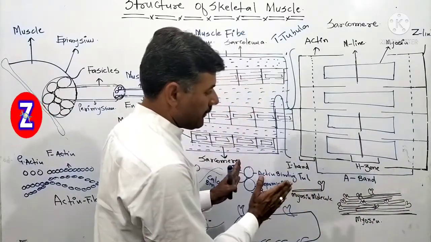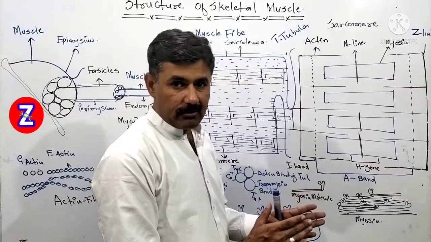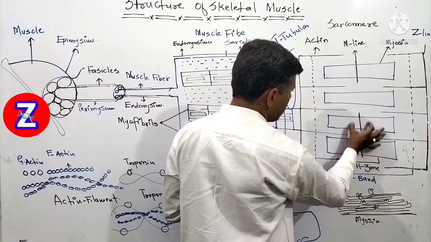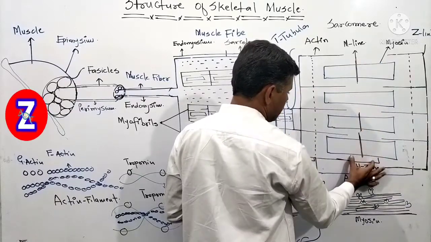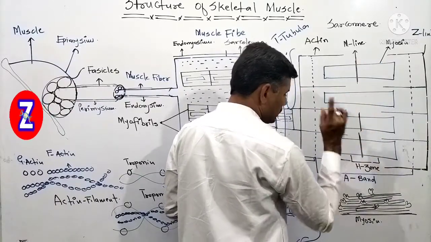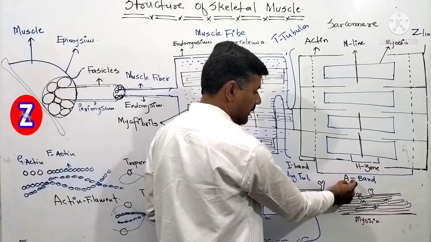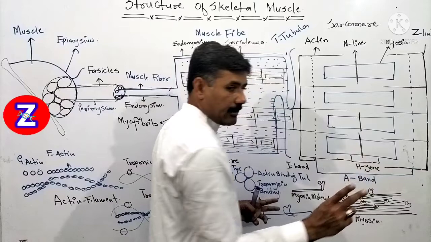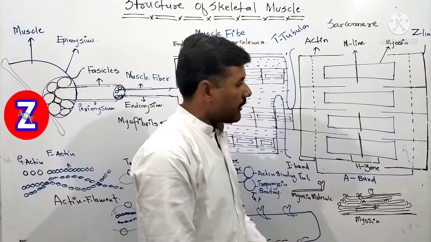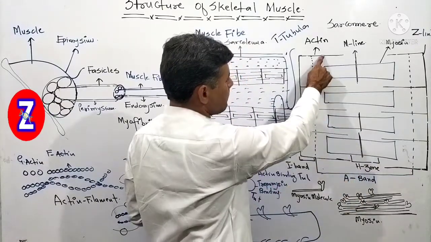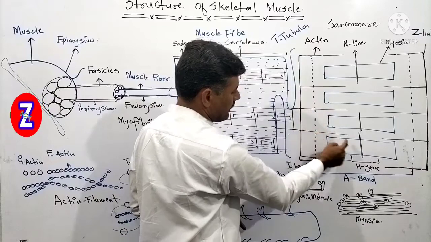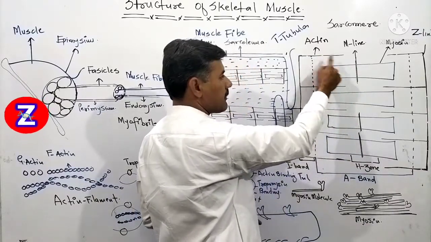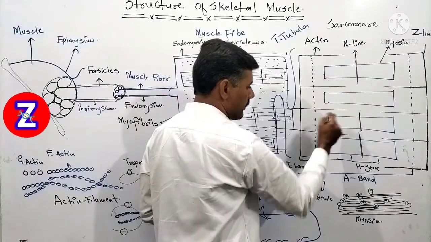In the A-band there is a specific central region where only thick filaments are present. That region of the A-band is called the H-zone. Basically, there are two important filaments we are discussing: thin filaments, which are actin filaments, and thick filaments, which are myosin filaments.